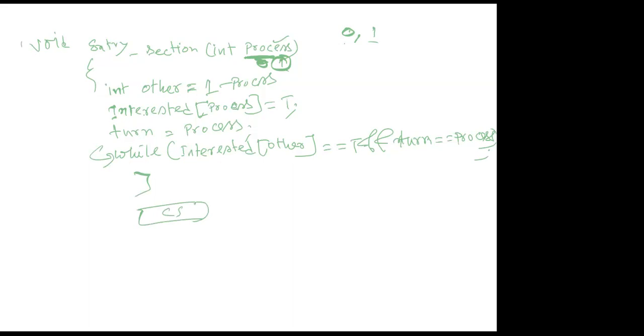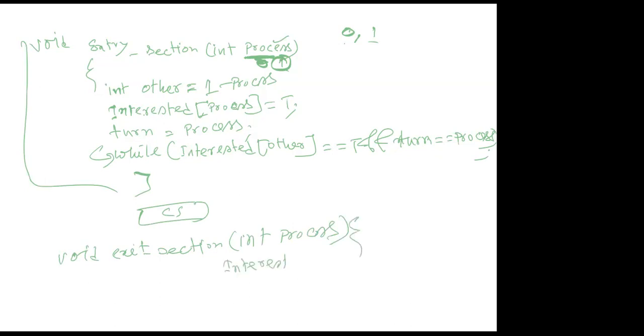First is this enter section code, and what is the exit section code? Void exit section takes an integer process, and it makes interested process equal false.